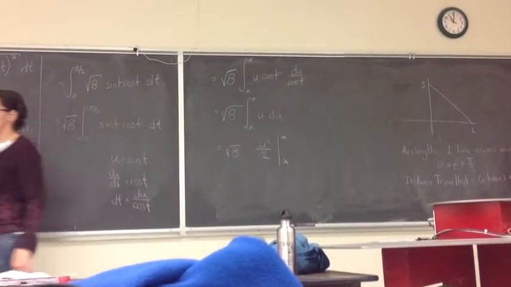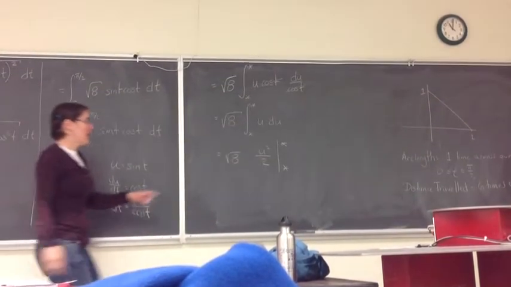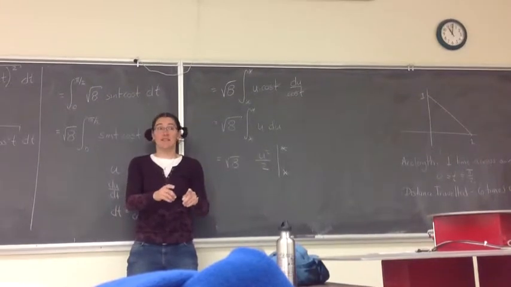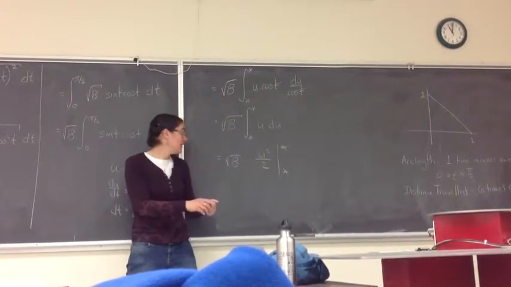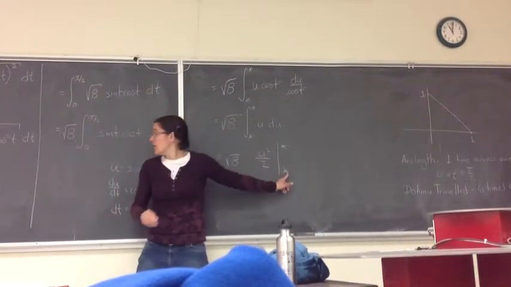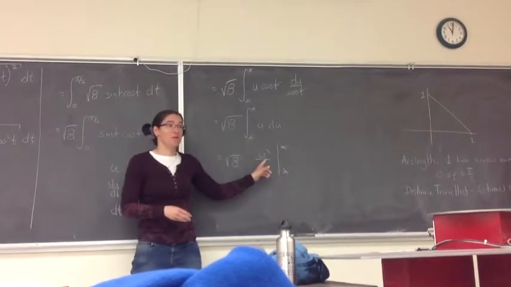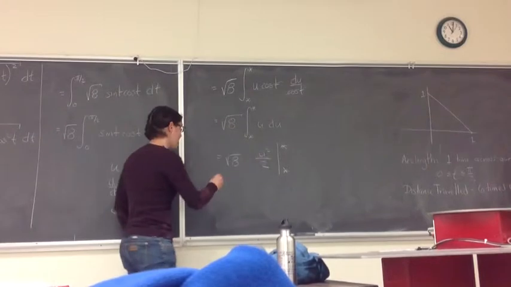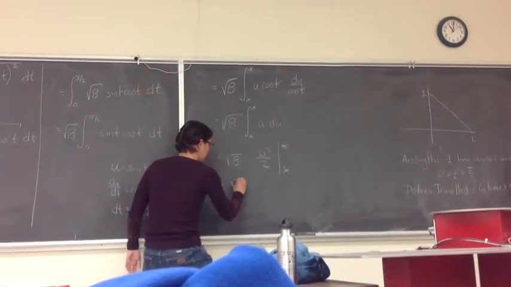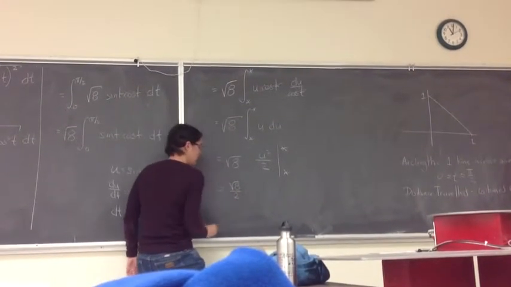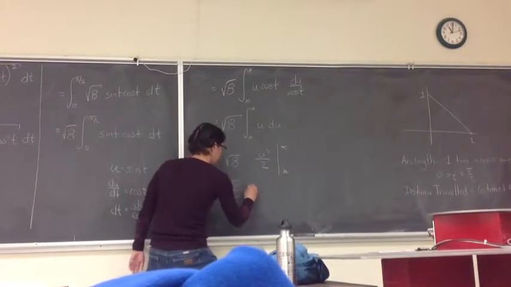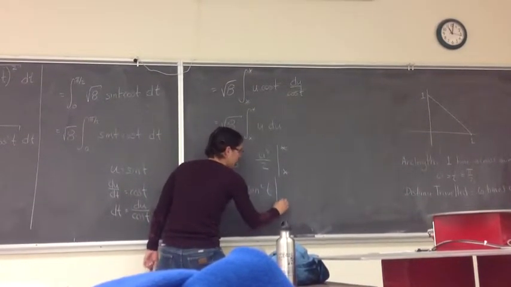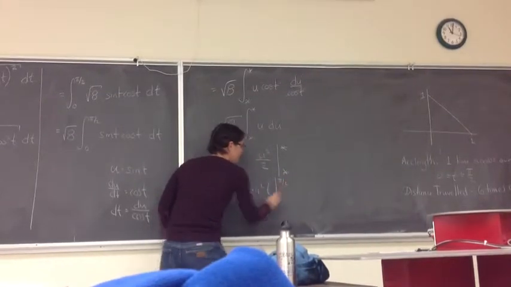And I'm using asterisks because I want to remind myself that I absolutely positively do not want to plug 0 and pi over 2 in for u, because those are t values and right now I have u's. So now I've got to go back to my t, and so I've got square root of 8 over 2, and then u is sine, so we've got times sine squared t, and we're now going to evaluate between 0 and pi over 2.